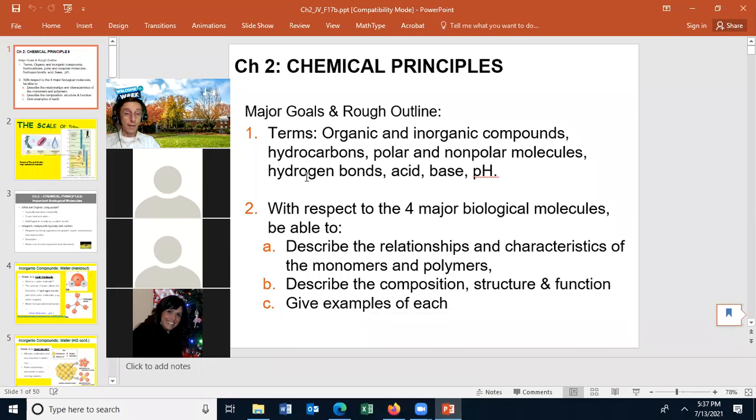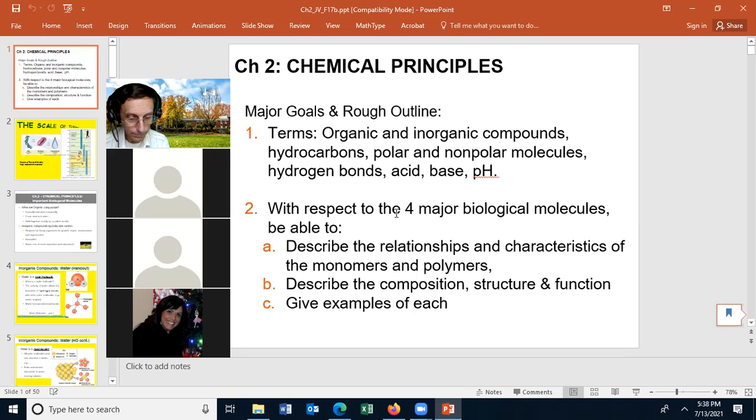So know the terms and also be able to describe the 4 major biological molecules and be able to describe the relationship between these molecules and the characteristics of the molecules and how the large ones, the polymers, are made up of smaller molecules called monomers. And that is true for 3 of the major biological molecules. These are also called the molecules of life, and those are carbohydrates, proteins, lipids, and nucleic acids.